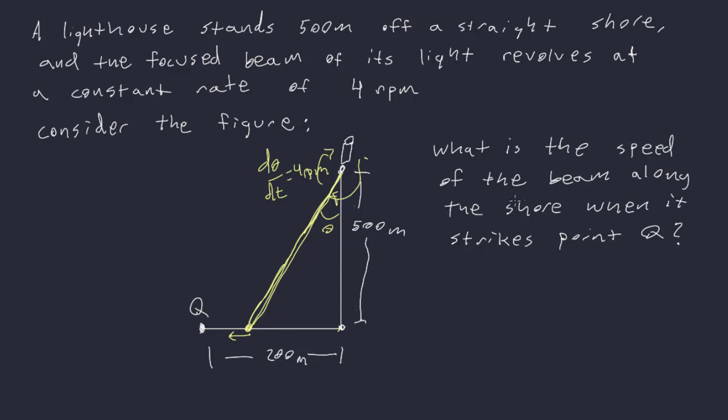So we want to know what is the speed of the beam along the shore when it strikes this point. We have this beam of light revolving from this point, but the end of the beam is hitting the shore, and we want to know how fast it's traveling when it hits this point Q.